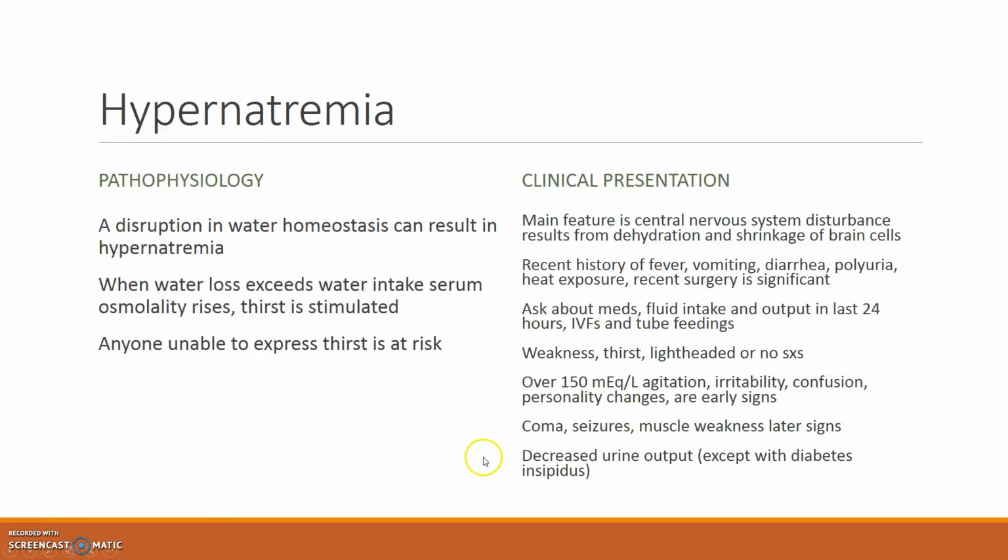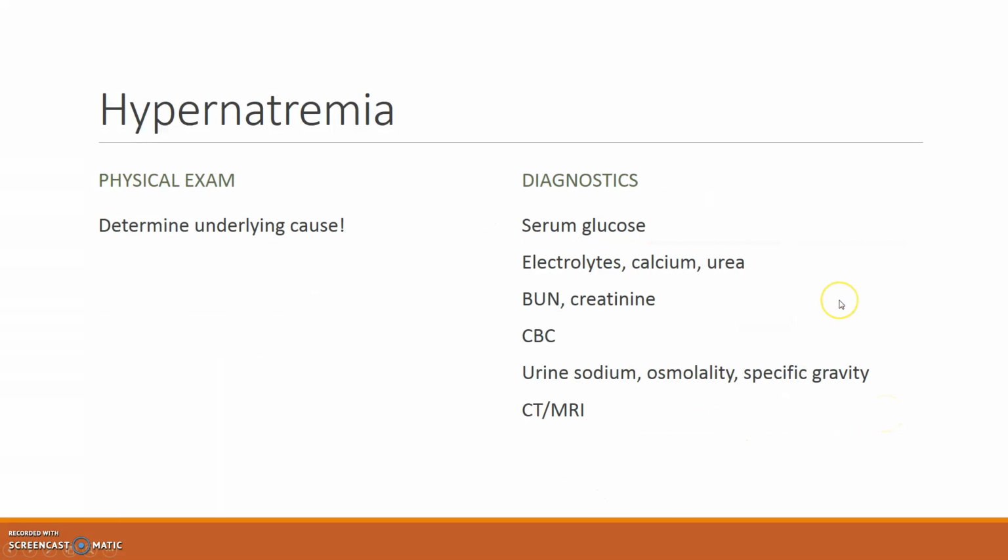But then, unfortunately, late signs, coma, seizure, and even muscle weakness can be a later sign of elevated sodium. Decreased urine output, except with diabetes insipidus. So the physical exam, we're really doing a comprehensive exam.